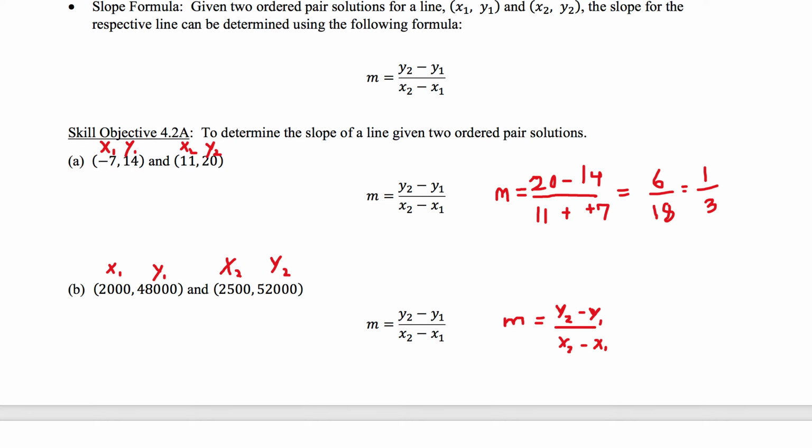So now I'm ready to go ahead and plug into my formula. So in place of the y2, I'm just going to kind of write it this time out to the side. In place of the y2, I'm going to have the 52,000.